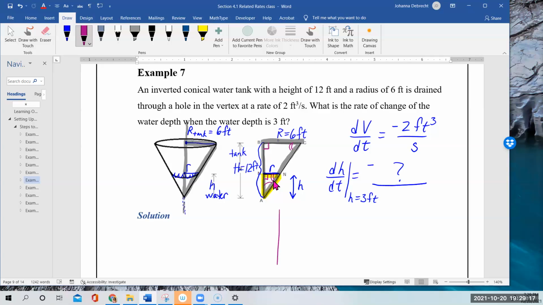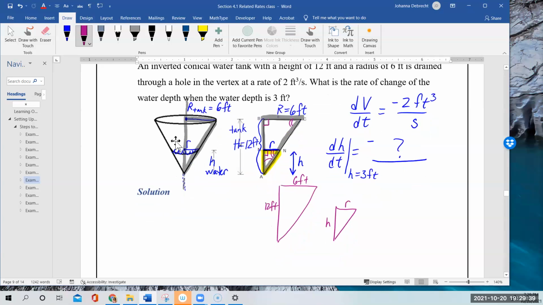That means that the large triangle, where I have 6 feet here and 12 feet here, has to be similar to the smaller triangle where I have r feet here and h feet there. When you have similar triangles, corresponding sides are proportional to each other, not equal, but proportional.